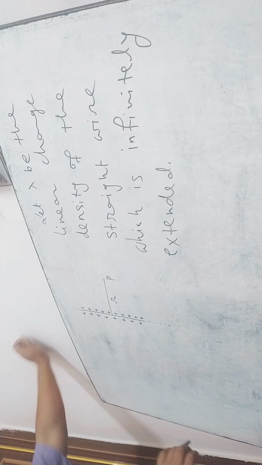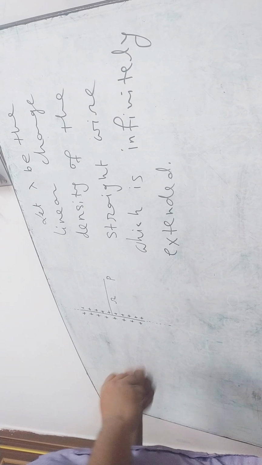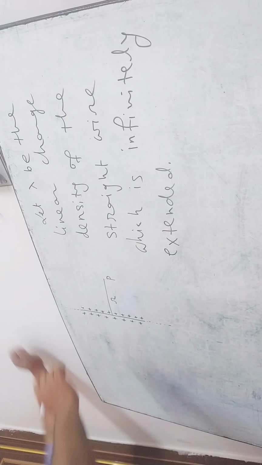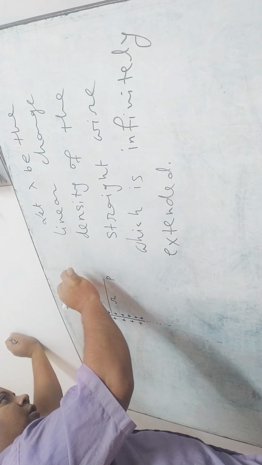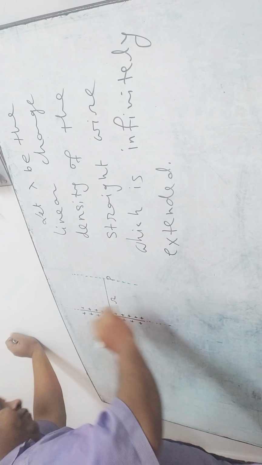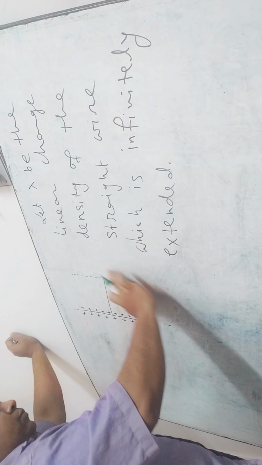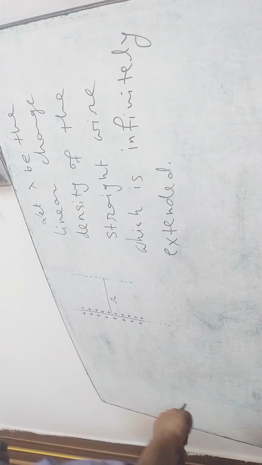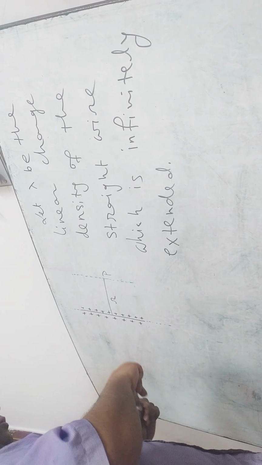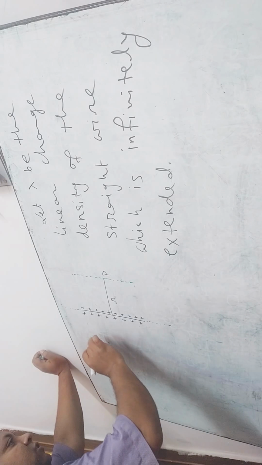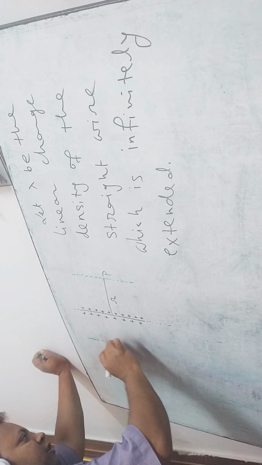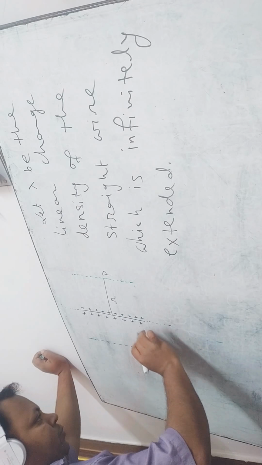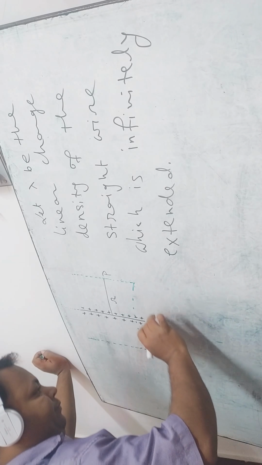To find out the electric field intensity at a point P, we consider a cylinder having radius R, and the axis of the cylinder is the charged wire.